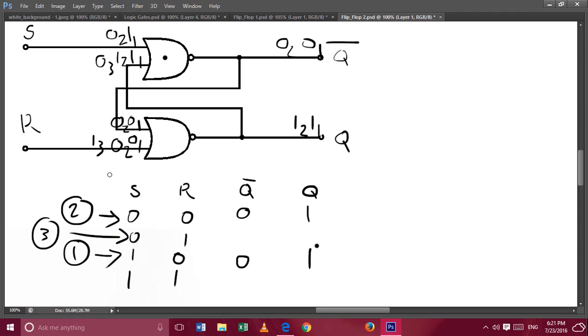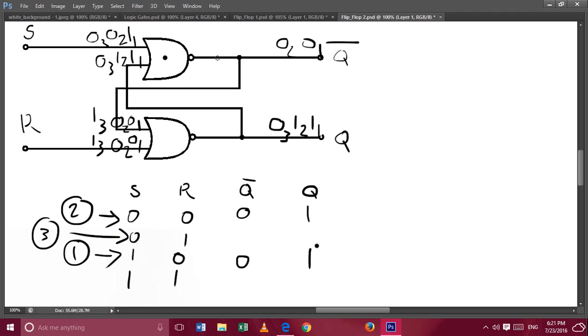And the input of S this time, look, it's 0 already. So 0 and 0 in the NOR gate gives you 1. And this one is going to end up here. So 1 here, and 1 and 1 in the NOR gate gives you 0.